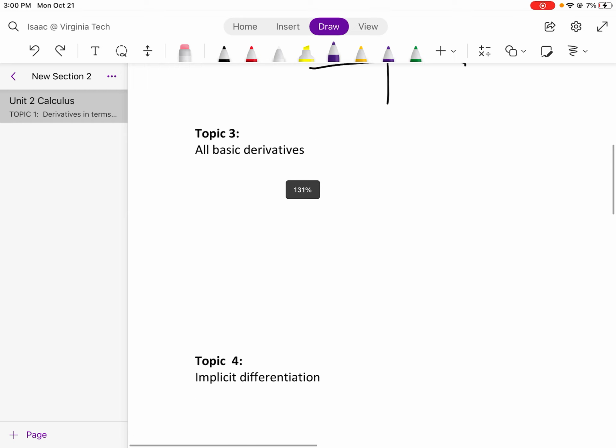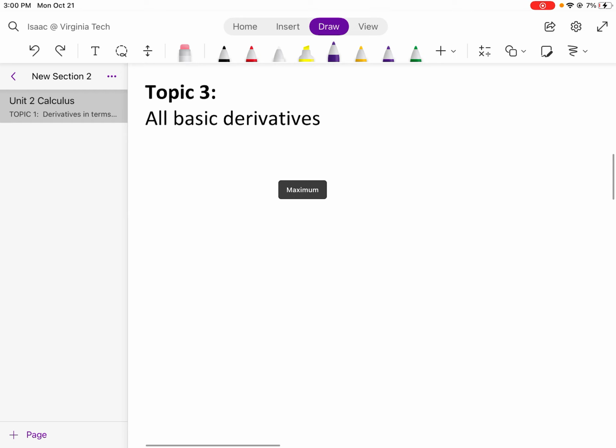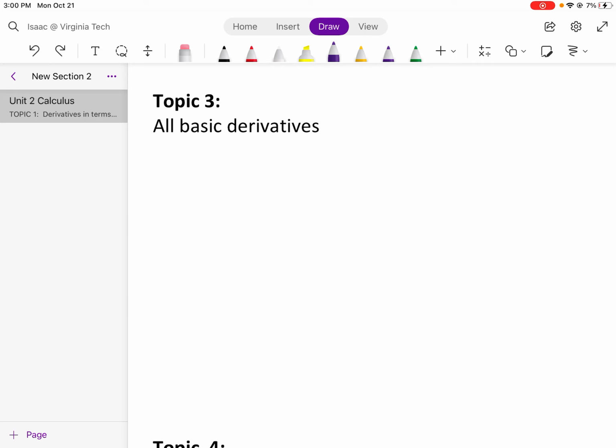Now, this topic 3 is going to have like the majority of the video. We're just going to talk about all the derivatives that you just need to know. Before we start, let's remember that we can represent the derivative with many things. So we can say f prime of x. We can use that limit thing that I already showed you. We can also say y prime, or anything prime.